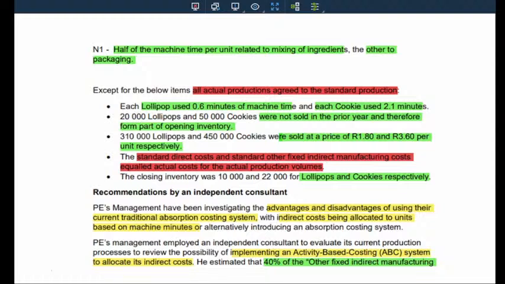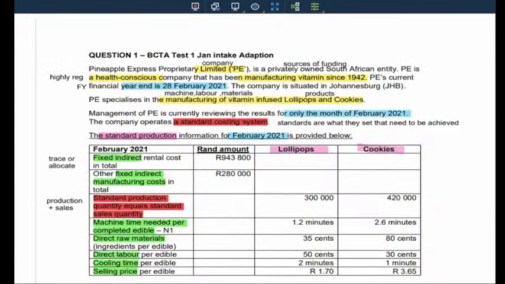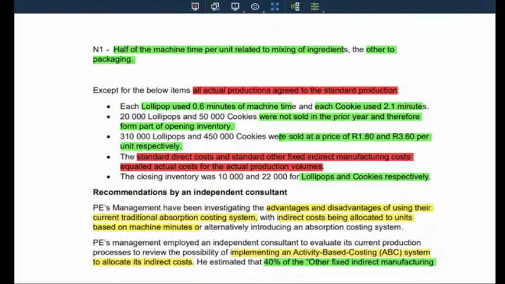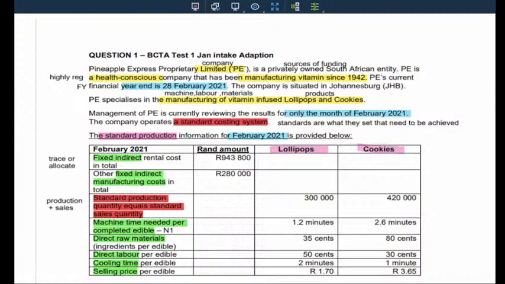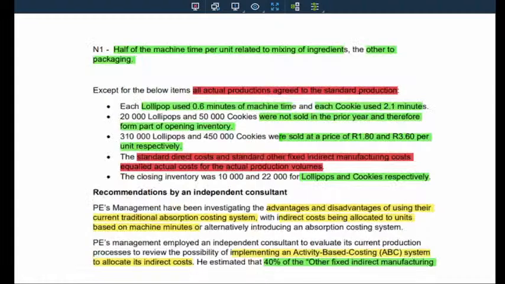Each lollipop used 0.6 minutes of machine time, and each cookie used 2.1 minutes. We said for machine time, we should be using 1.2, and 2.6 for cookies, but we actually used less than what we should have, which is a good thing, because that means we are either efficient in our machine time or our labor. The packaging people are just so good at what they do that they just need half the time to do it.